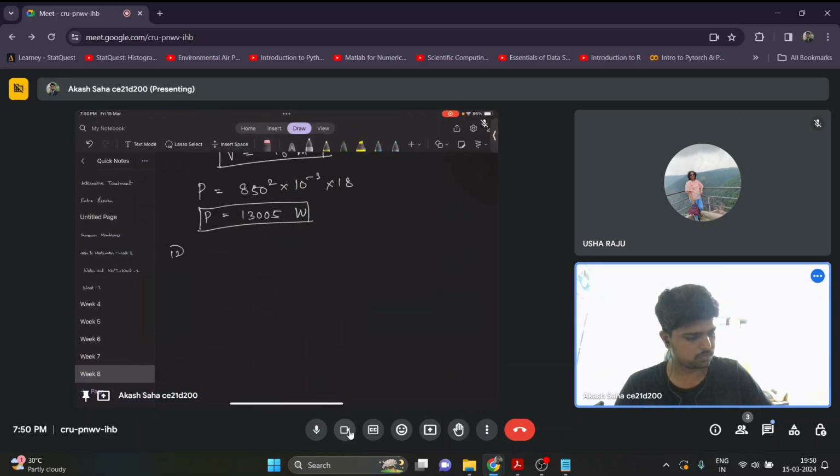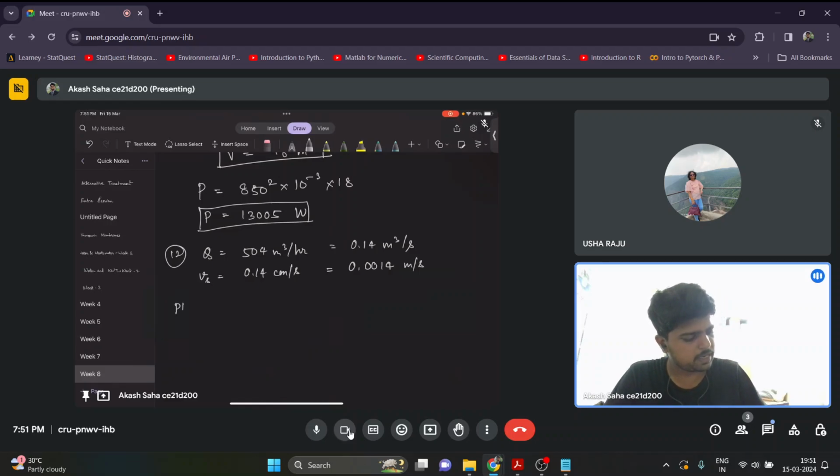So Q is given as 504 meter cube per hour. We'll change everything in meter cube per second, so it is 0.14 meter cube per second. Now the settling velocity Vs is given as 0.14 centimeter per second, so it will be 0.0014 meter per second.